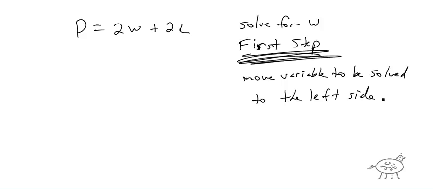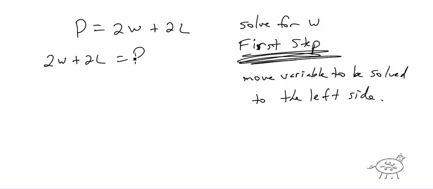That's not even doing any math; you're just exchanging the positions. So instead of P equals 2W plus 2L, you say 2W plus 2L equals P. It's really easy. And remember, you treat everything else like it's a number.